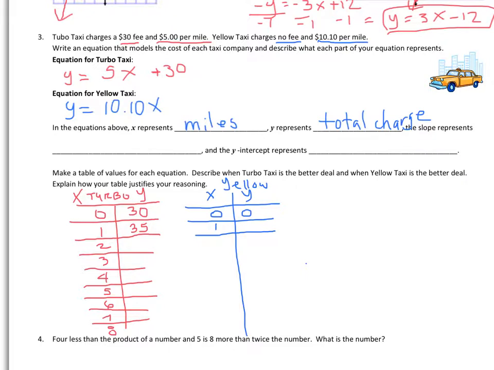However, at 1 mile, I'm up to $10.10, etc. 2 miles, $20.20. I'm going to do 3, 4, not much of a 4 there, huh? 5, 6, 7, 8.